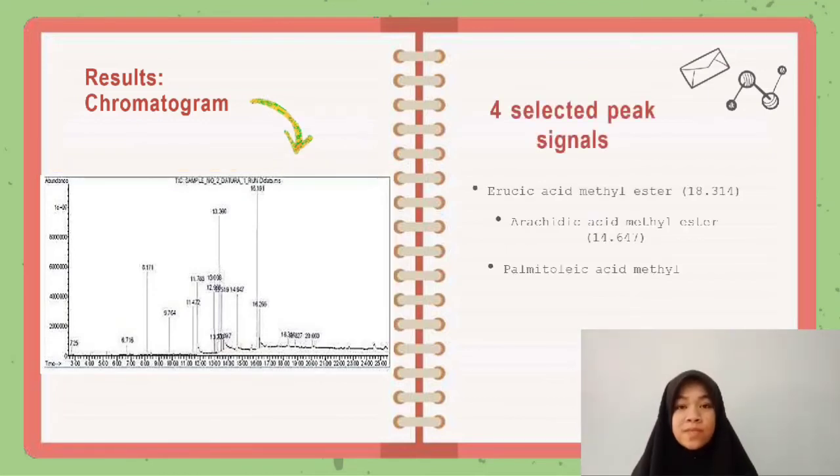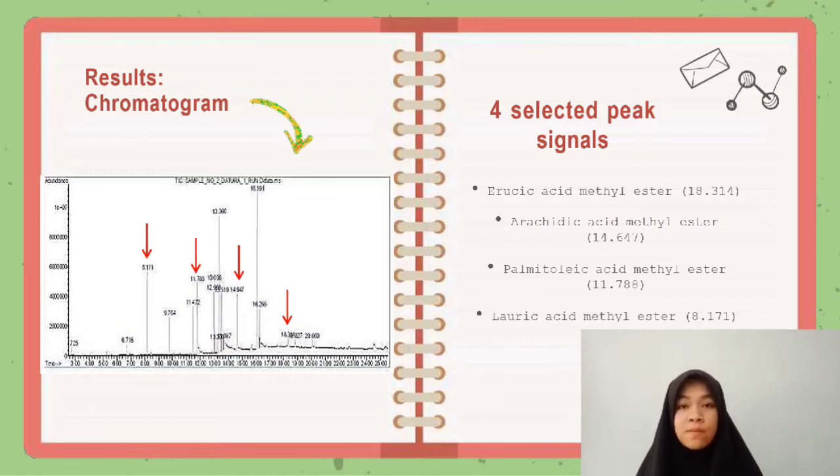As a consequence, 4 peak signals were chosen, including erucic acid methyl ester with a retention time of 18.314 minutes and arachidic acid methyl ester with a retention time of 14.647 minutes. Then there are palmitoleic acid methyl ester and lauric acid methyl ester, which have retention times of 11.788 and 8.178 minutes respectively.